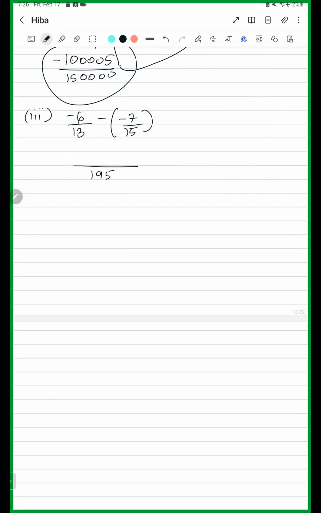Okay. Wait, my question is that -6 -7 should be like -6 plus 7, right? Very good. Yes. But can you solve the whole answer, because I'm getting a different answer.